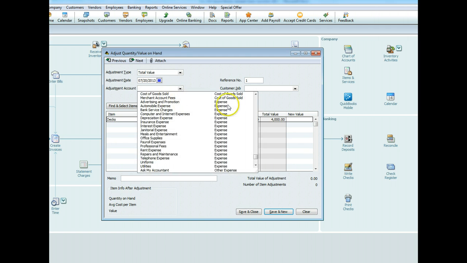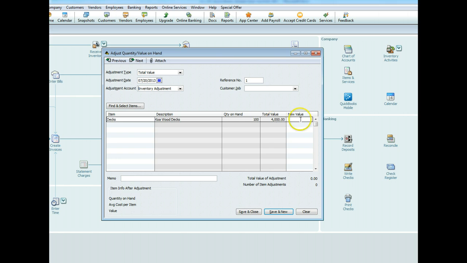And the adjustment account is the one we just created, so it's going to take the money we just took, and our new value is going to be 411.87, to move the car expense to the wood inventory. Okay, so there we go. Now there's our new value.